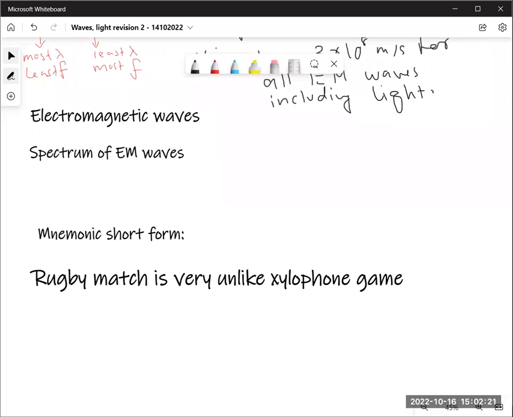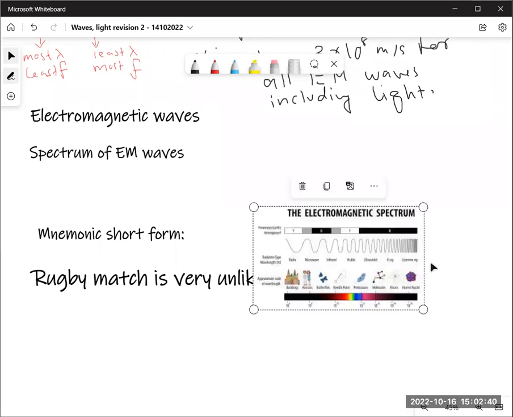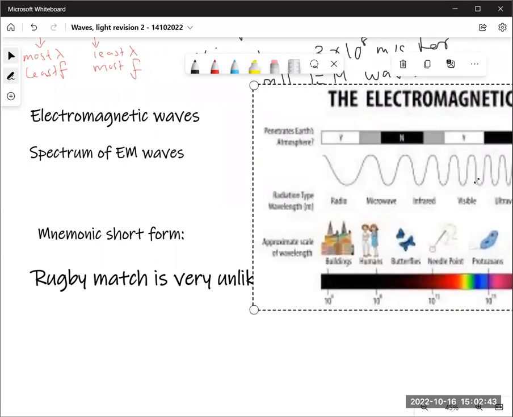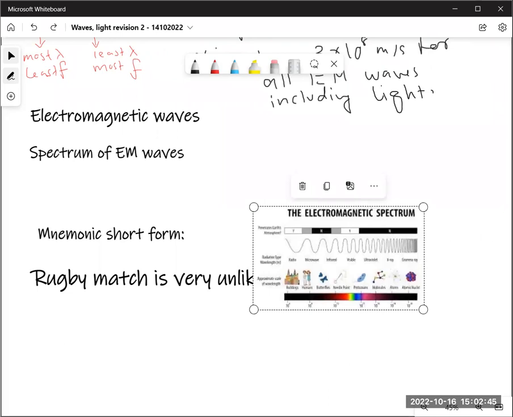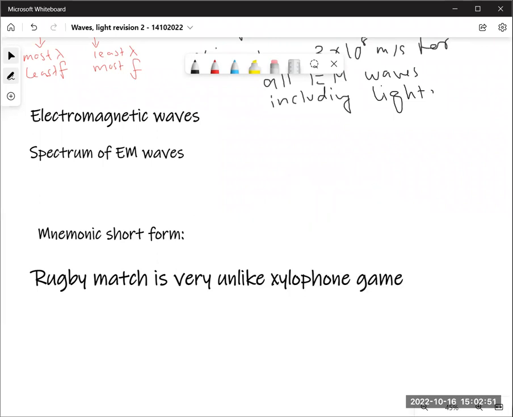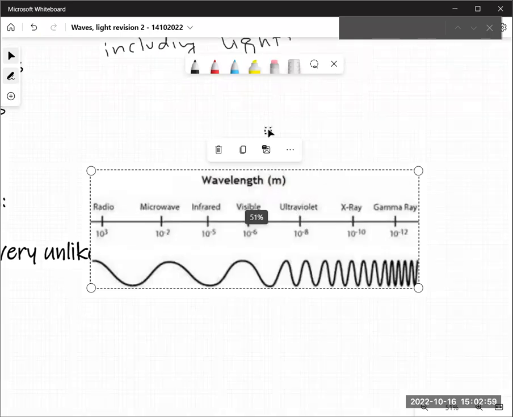Write it first. I'm showing you a diagram.